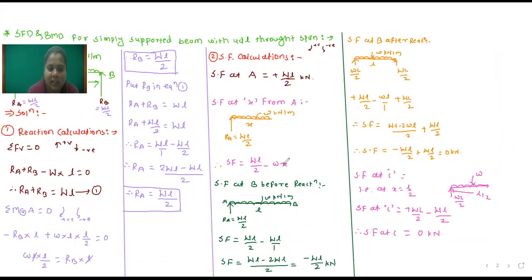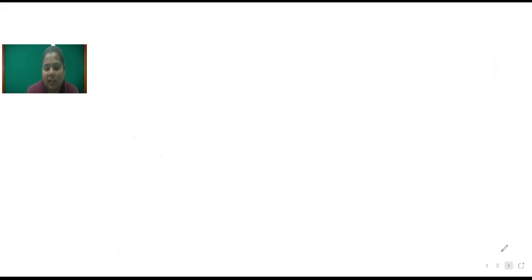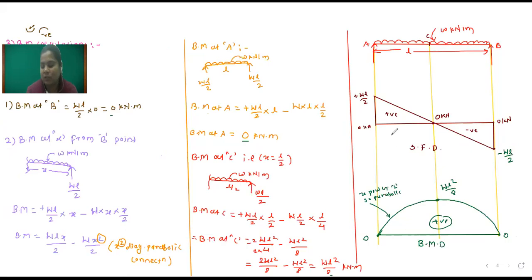Here x raised to power 1. That's why the shear force diagram is a straight line. So you also write here, x power is 1, so inclined straight line. You have to remember that.